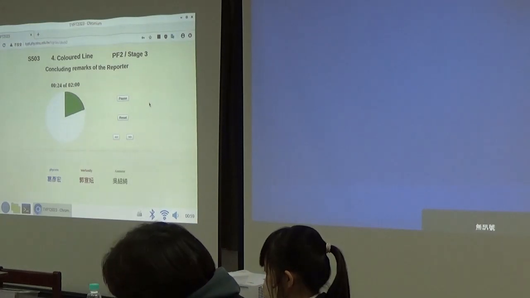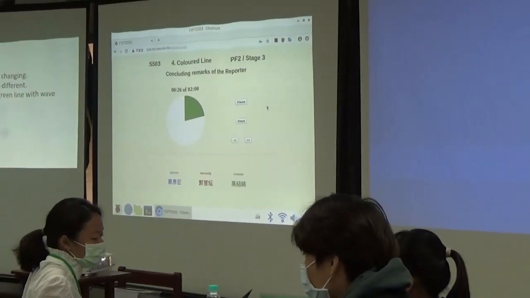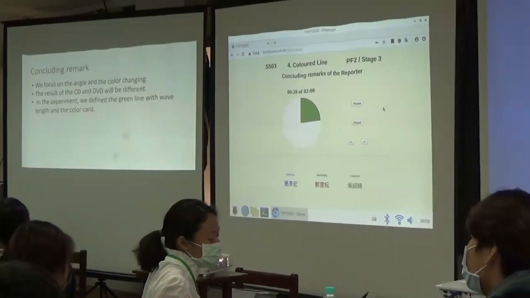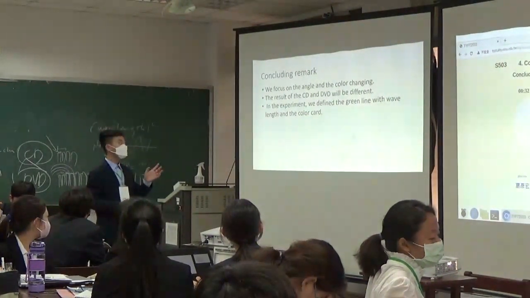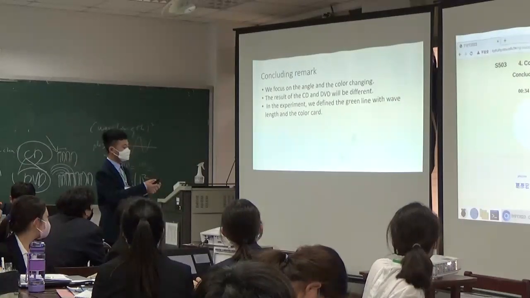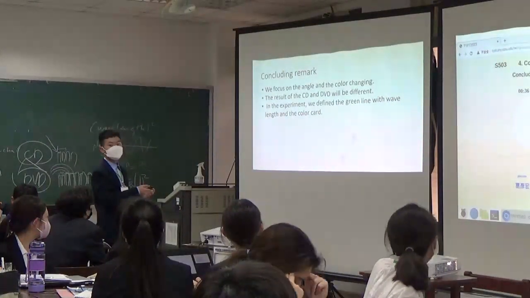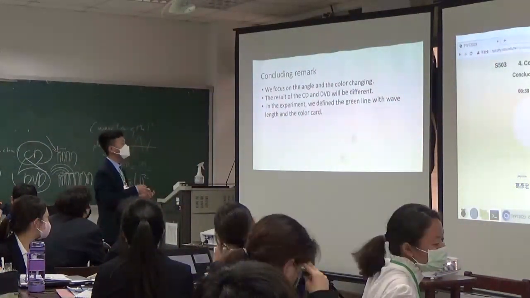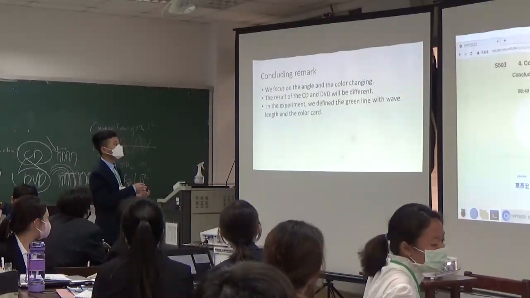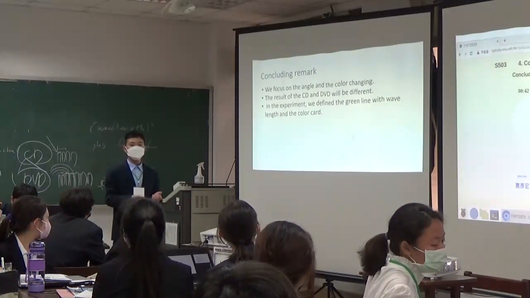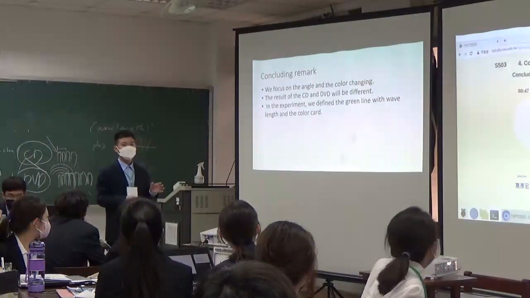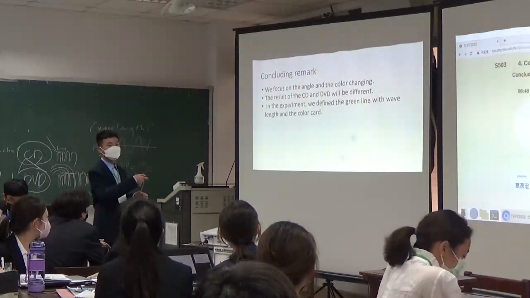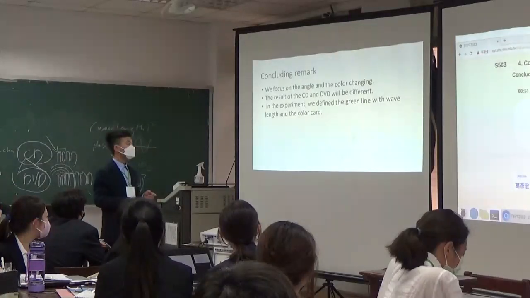I indeed didn't mention it when we were doing the experiment, as we just focused on the angle and the color change in the spectrum. And the results for CD and DVD will be different, since in the formula we know that the track width is not the same in CD and DVD, and this affects a lot.